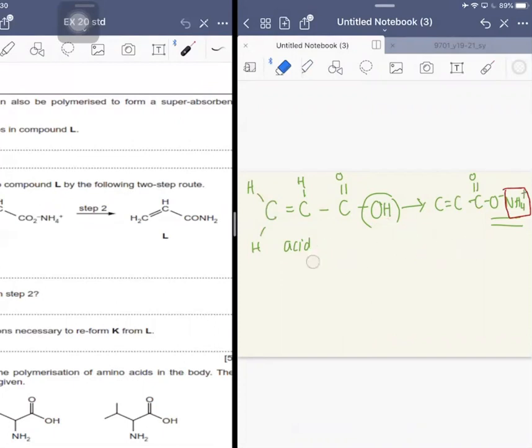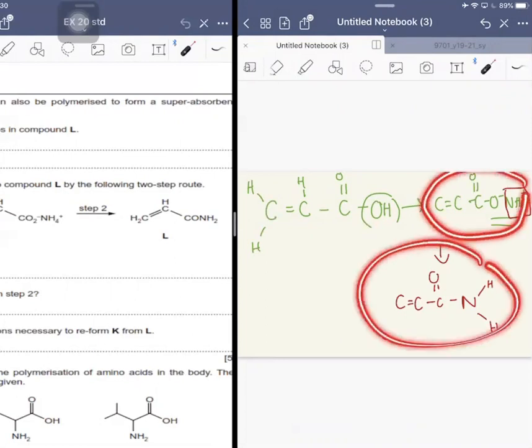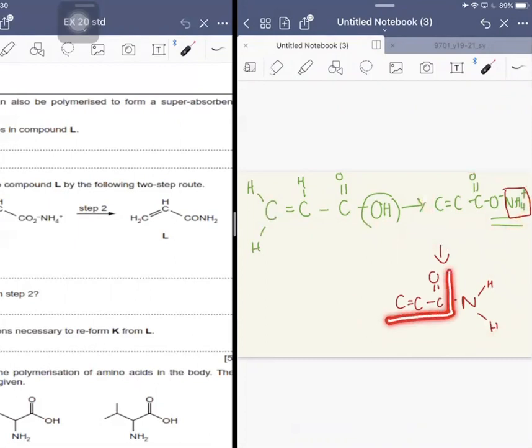So I'm just going to erase that to form C double bond C, C double bond O, sorry, NH2. If you can notice what's missing from this structure to the one at the bottom is that everything else on this side stays unchanged.